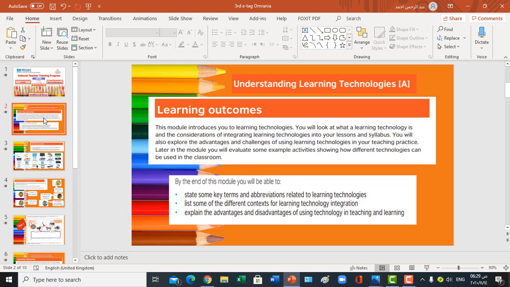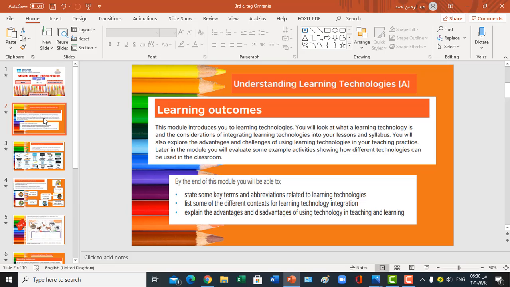So you will have to use some of these technologies in planning for your lessons and starting your lessons using them according to the syllabus you are teaching. You will also explore the advantages and the challenges of using learning technologies in your teaching practice.